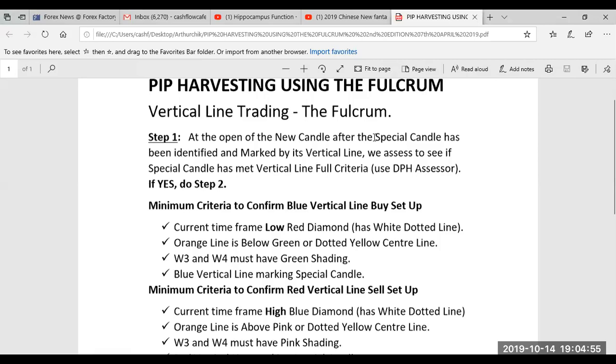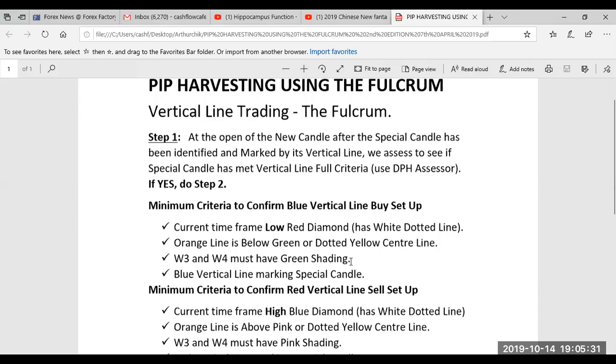So the same criteria that we use for our vertical lines are the same things that are required when we get an alert from the retracement. Okay, so that's what we're looking for, and as you can see, it's a minimum of 4 criteria.